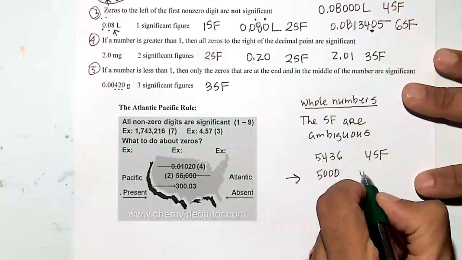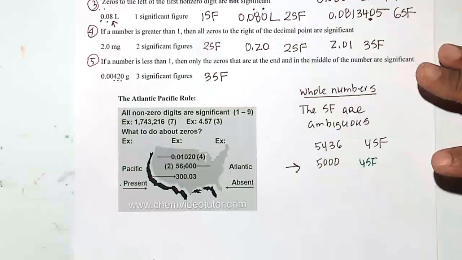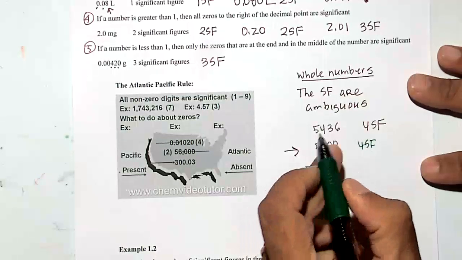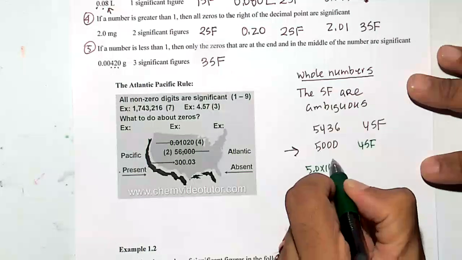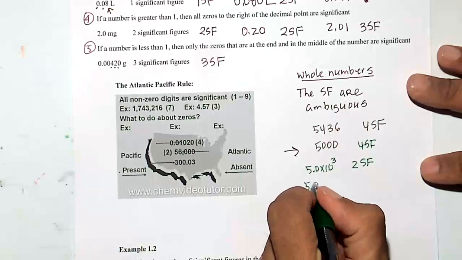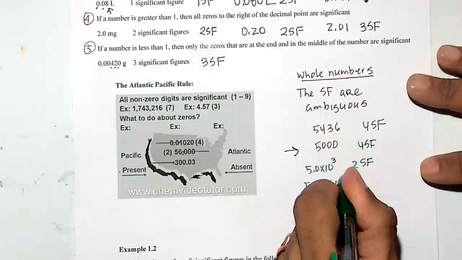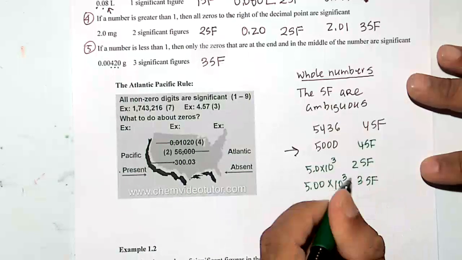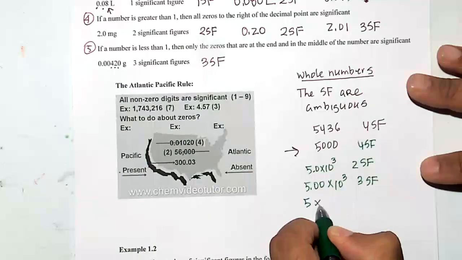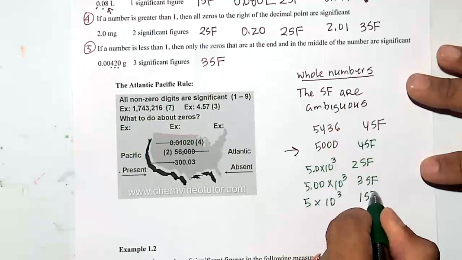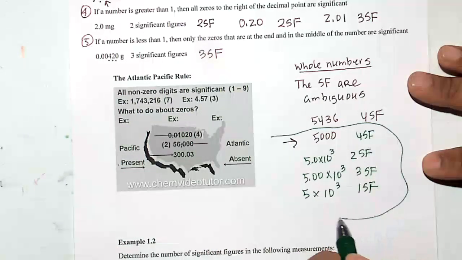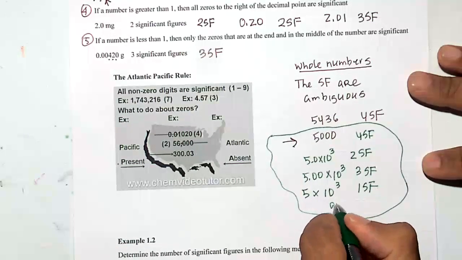I can have it at 4 sig figs, making those zeros significant. I could have it at 3 sig figs, or 2 sig figs. That would be 2 sig figs. How can I make it 3 sig figs? How can I make it 1 sig fig? So this is kind of ambiguous.